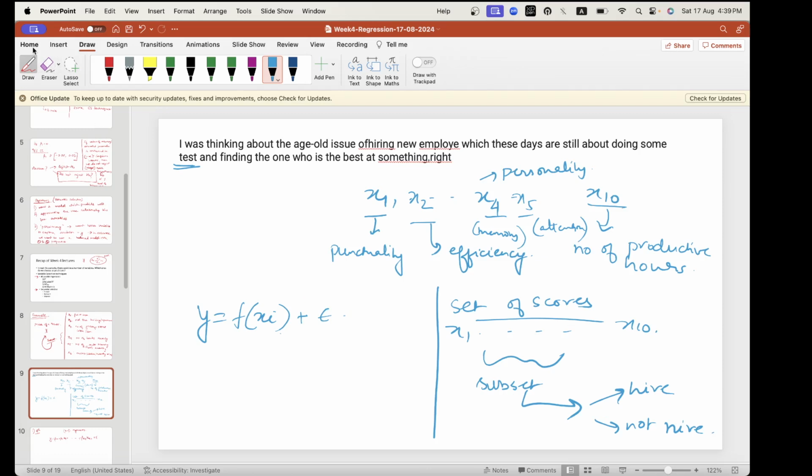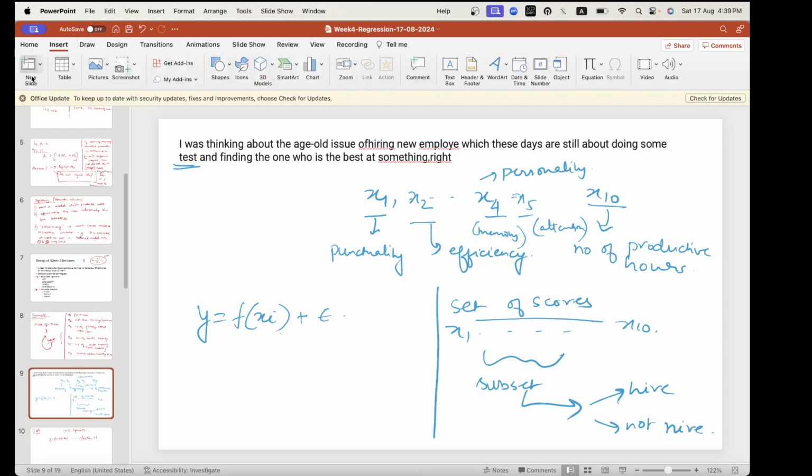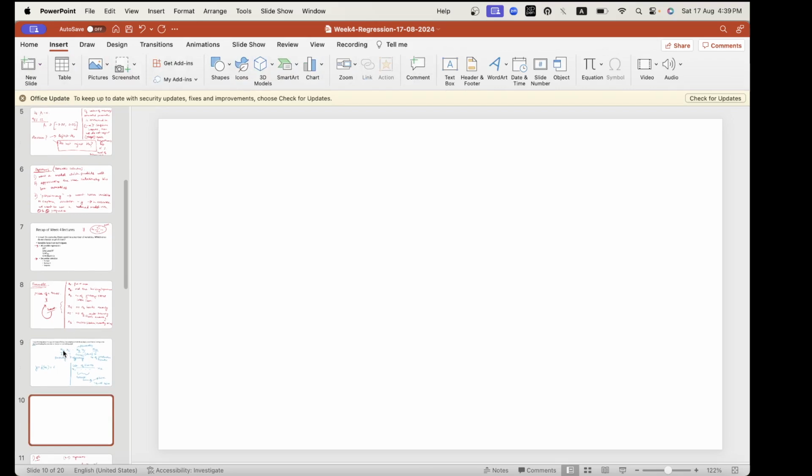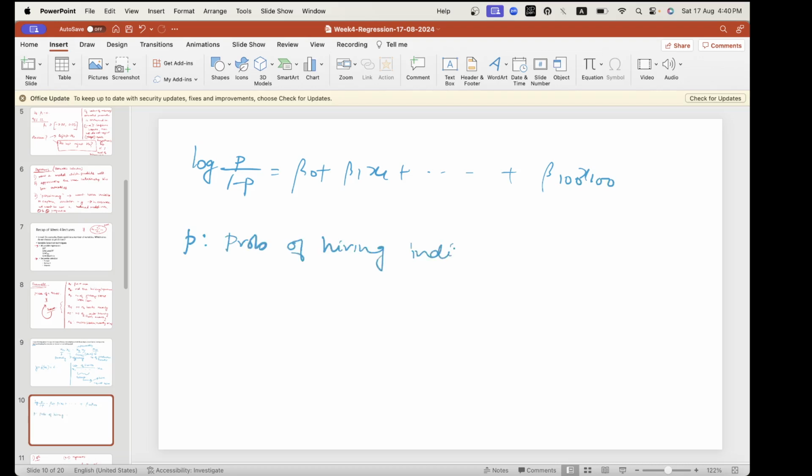So here the model would not be a linear regression model, but it would be something like log p by 1 minus p equal to beta naught plus beta 1 x1 plus up to beta 10 x10, or x beta 100 x100, where p is the probability of hiring individual i, let's say.